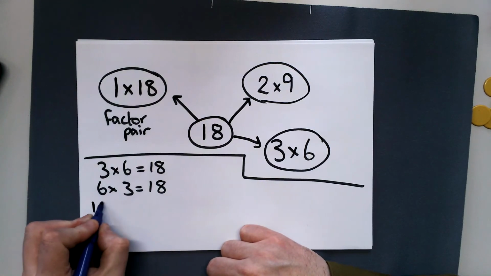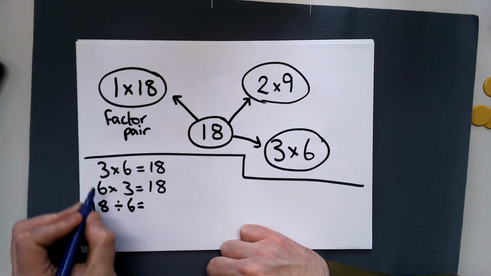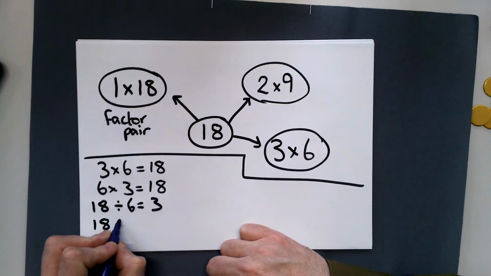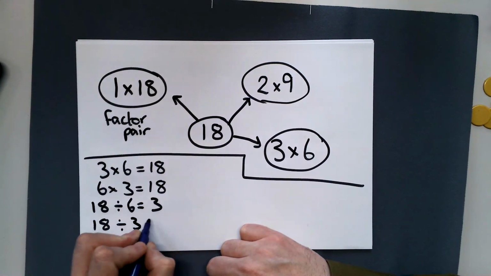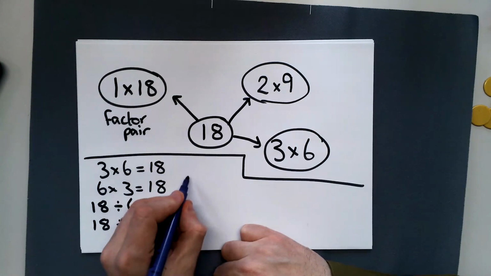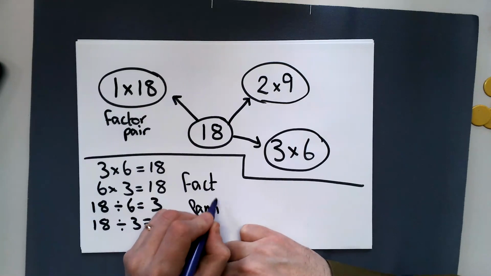So I can get 18 shared between 6 people would give me 3. Or I could say 18 shared between 3 people would give me 6. I'm using the same numbers, but I'm doing the multiplication and division, and that's what we call a fact family.